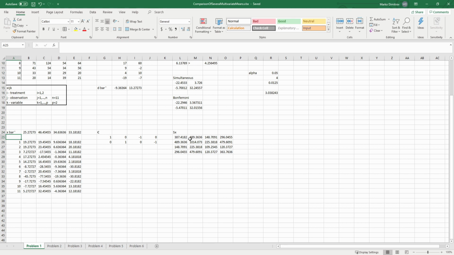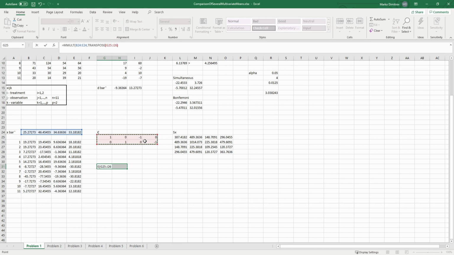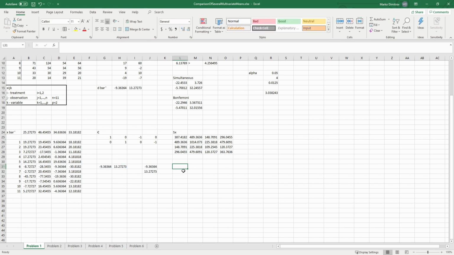Okay, what we need is our vector x bar transposed C transposed. So x bar is something that we already have, and then we need to transpose our C. We need this but transposed, so this is the end of the formula. Next, what we need is the inverse of C Sx C transposed.